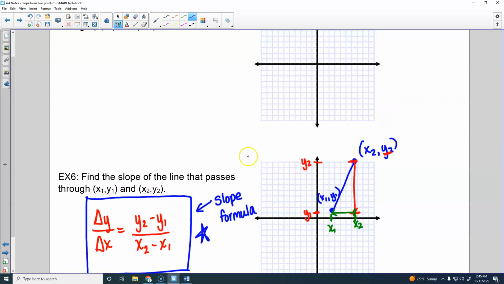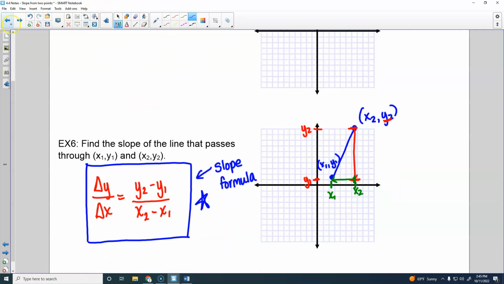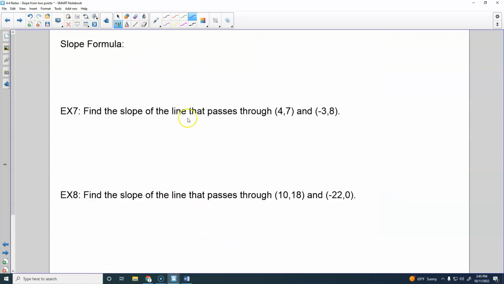So, if we have points, we can just graph them. Well, actually, 7 is still pretty easy to graph. I could have graphed it. But whenever we don't have a graph, a lot of times it may be quicker to just throw it into this formula, right? So what letter do we use for slope most of the time?